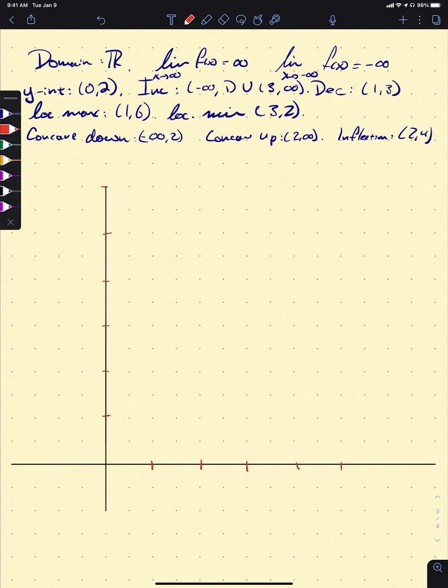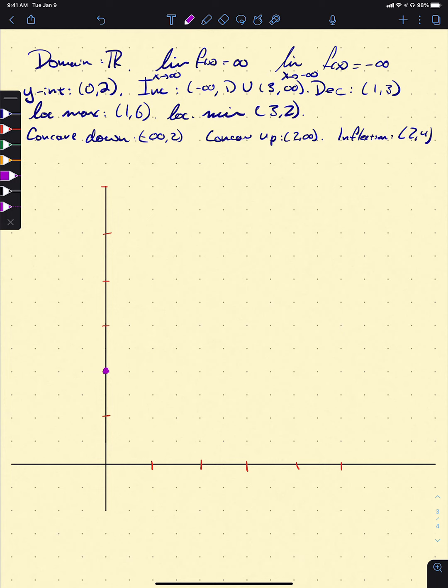Okay, and we want to slowly start building our information in. And the best place to start is actually to grab some of the points that we know. So we know that we have a y-intercept at 0, 2. So we'll do this in purple.